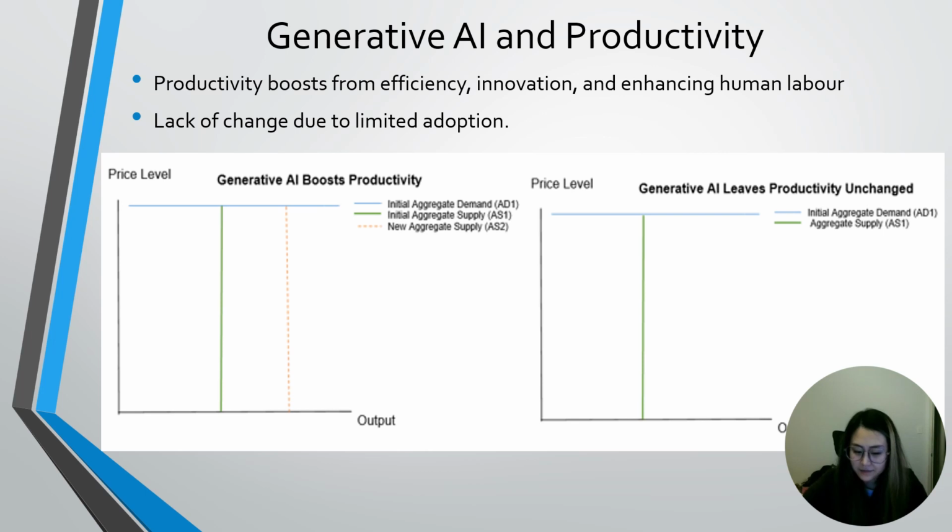In this case, the aggregate supply curve remains unchanged, indicating no significant impact on overall productivity or output, as shown in the second diagram. Consequently, the output and price level in the economy remain stable, reflecting the limited influence of generative AI on aggregate productivity.